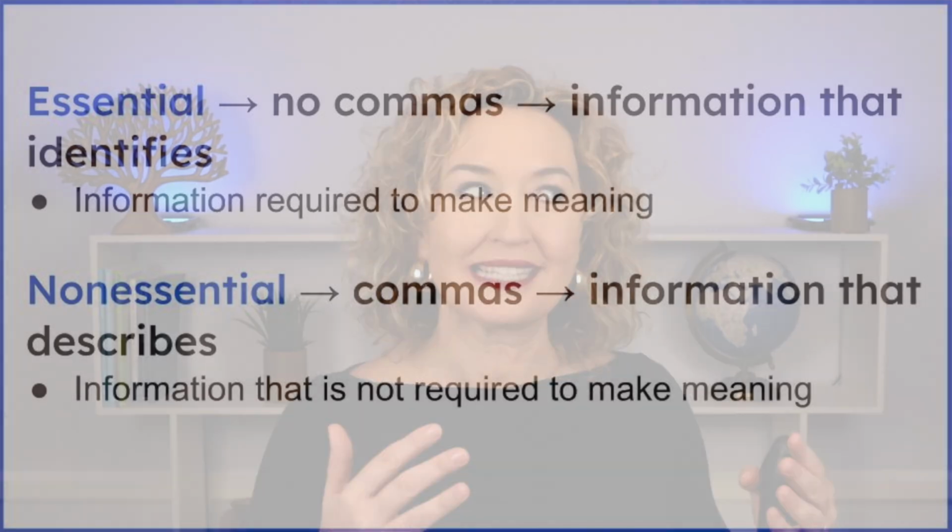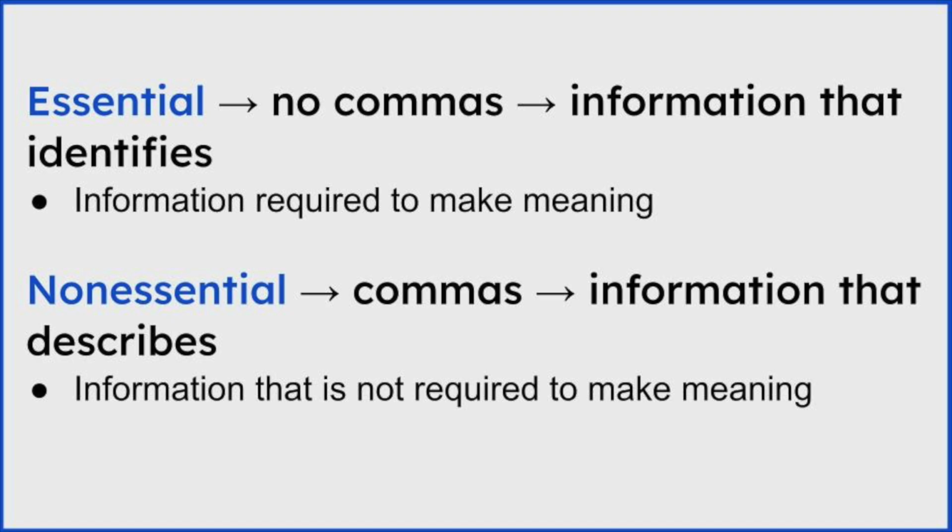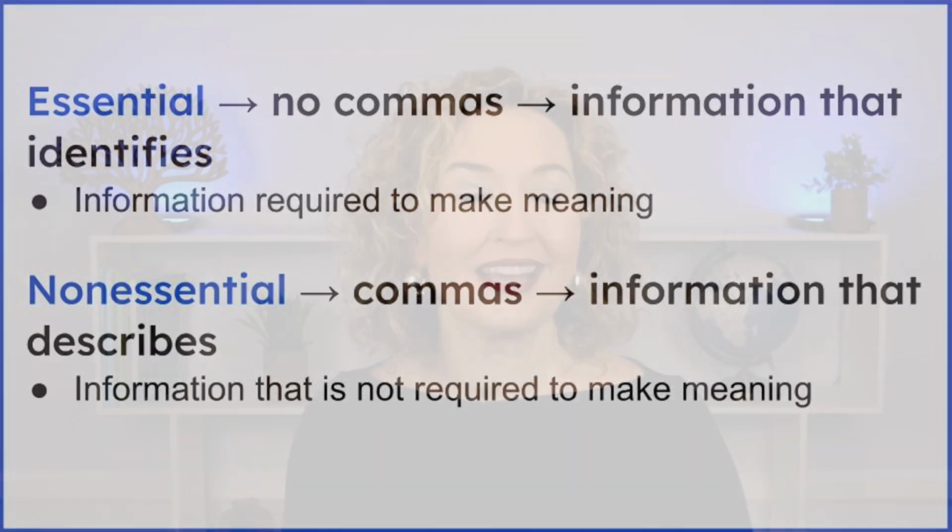Now, I have often found that restrictive and non-restrictive can be very confusing to students. And so I like to introduce it with the terms essential and non-essential. If it's essential, you don't need commas. If it's non-essential, you do need commas.